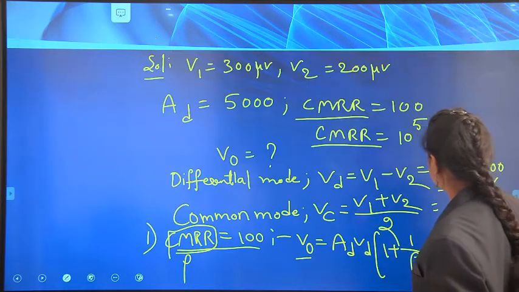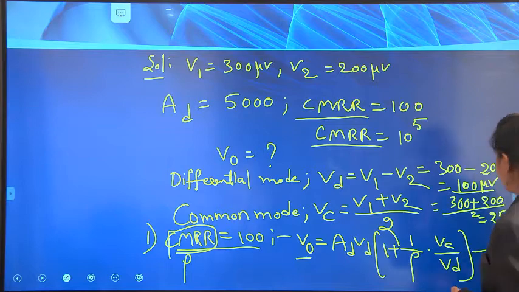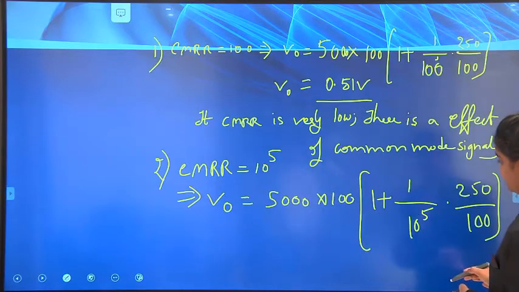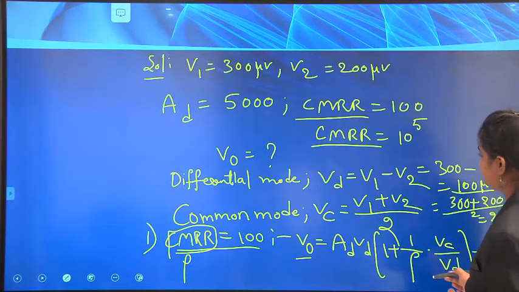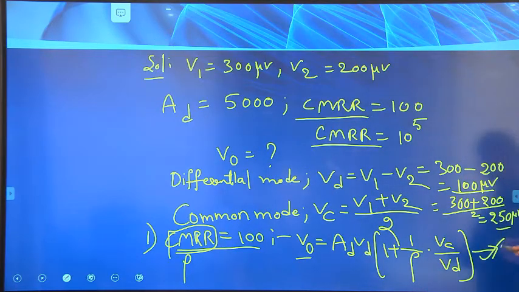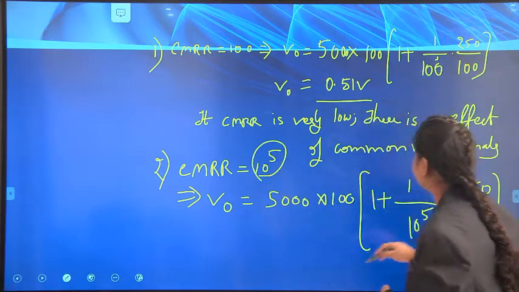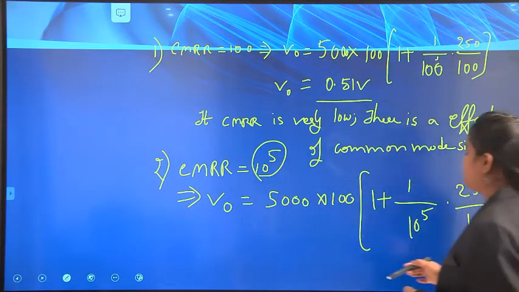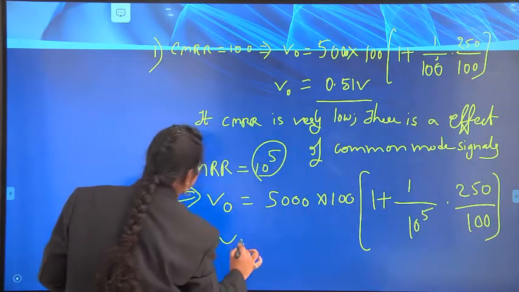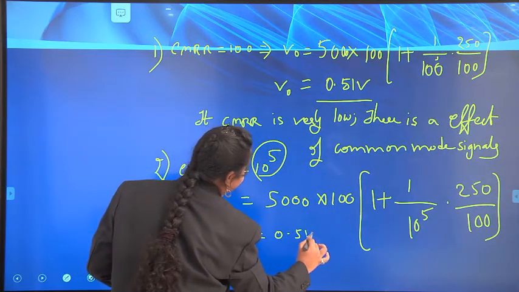I can simplify this. I substitute this 10 power 5 in this formula. So here we get V naught equals 0.5 volts.